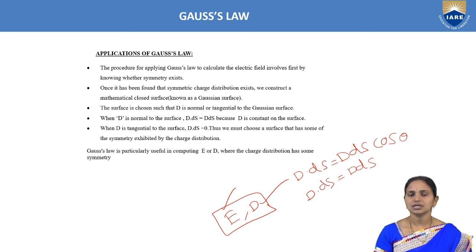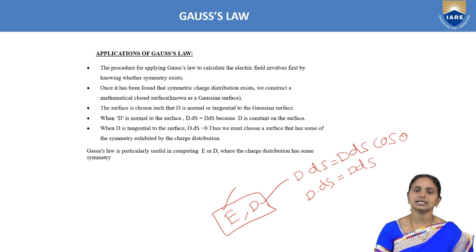The different charge distributions are point charge, line charge, surface charge and volume charge. In all the cases, we can calculate electric flux density with the help of Gauss law, but we have to construct the Gaussian surface. So by constructing the Gaussian surface, in case of all the charge distributions, we can calculate electric flux density and electric field strength. These we can take as the applications of Gauss law.